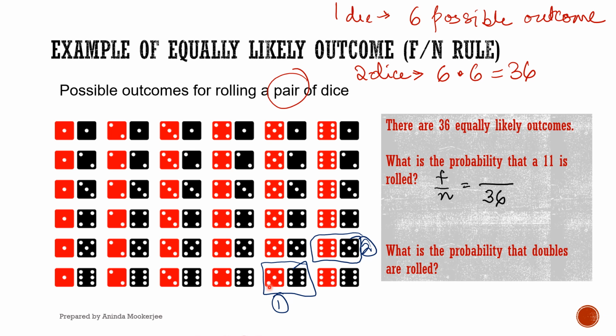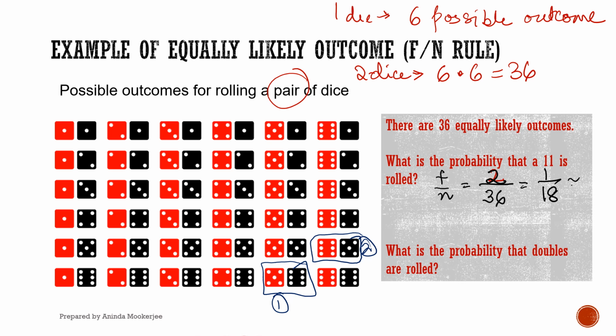One is when we get a 5 on the red and 6 on the black. And the other way is we get a 6 on the red and 5 on the black. So there are two possible ways by which we can get 11. So you're going to write 2 for F. F is 2, N is 36, so that's 1 over 18.